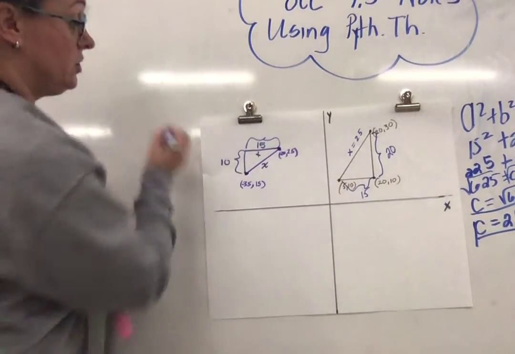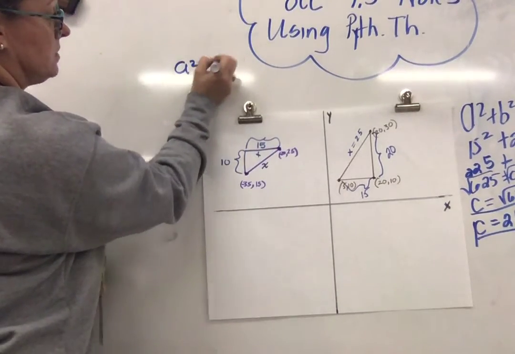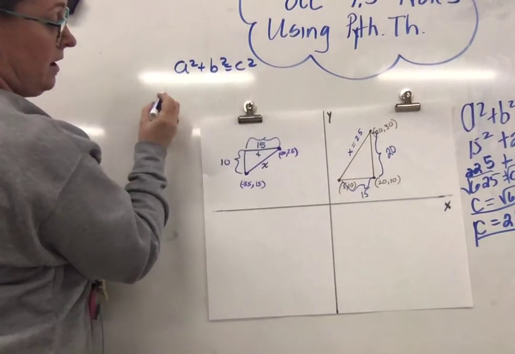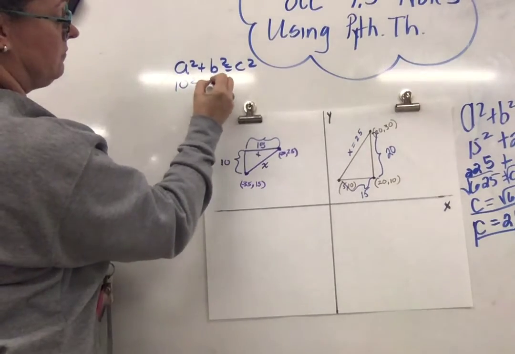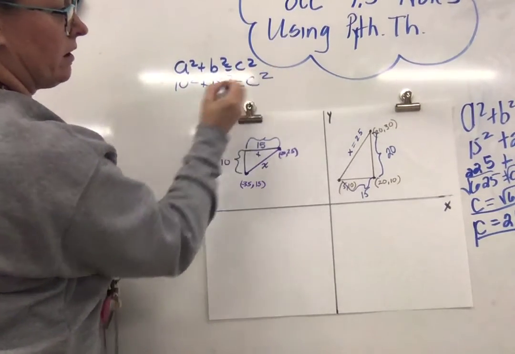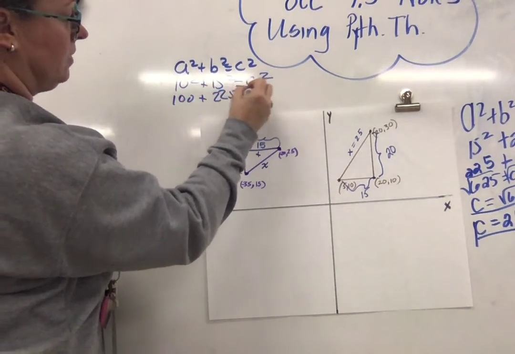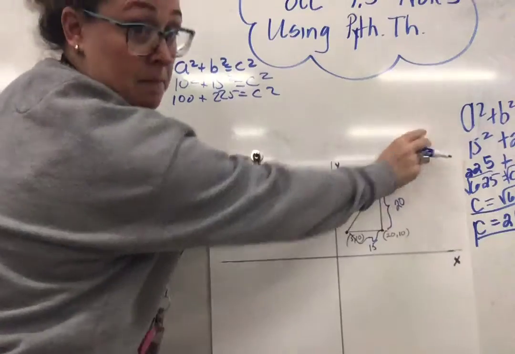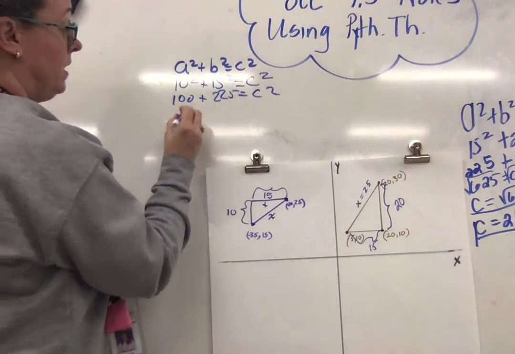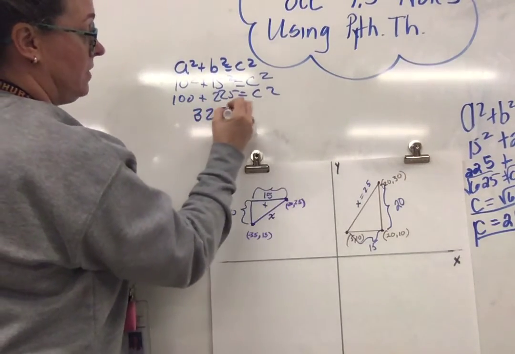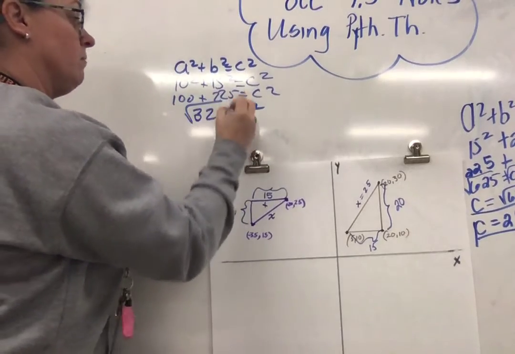So then I just do a squared plus b squared equals c squared. I have 10 squared plus 15 squared equals c squared. I have 100 plus 225 equals c squared. Then 325 equals c squared. Square root both sides.